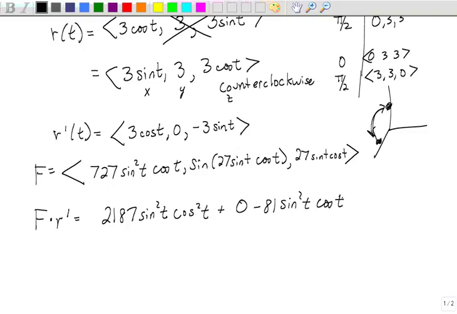Okay, and I want to integrate that from 0 to 2 pi. I'm going to go to Maple and do that.